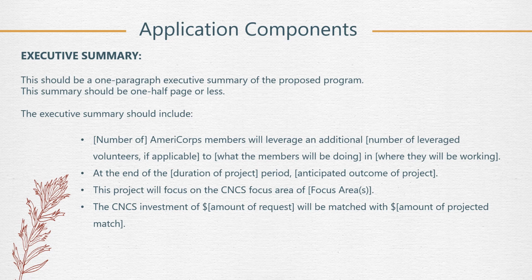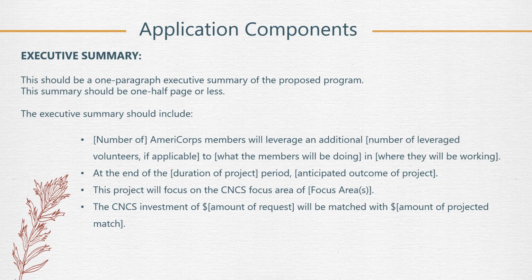It should include the number of AmeriCorps members that the program is looking to use, what those members are going to be doing, and where they will be working, what the anticipated outcome of the project is at the end of it, how this applies to the focus area, which I'll speak to in just a moment, and then the investment of money, the amount of grant money that they are requesting and what that money will be matched with.